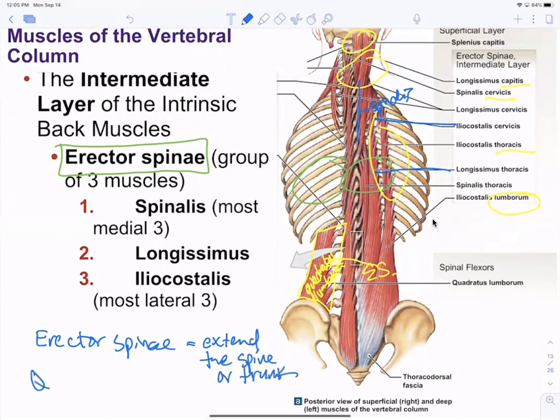Also, the QL, quadratus lumborum, and that also extends your lower back.